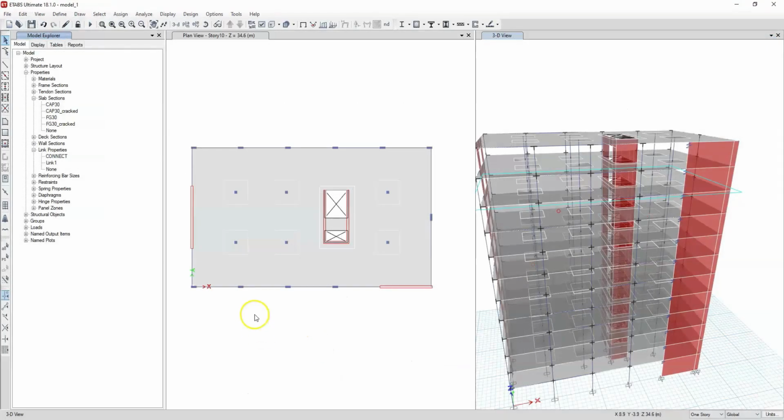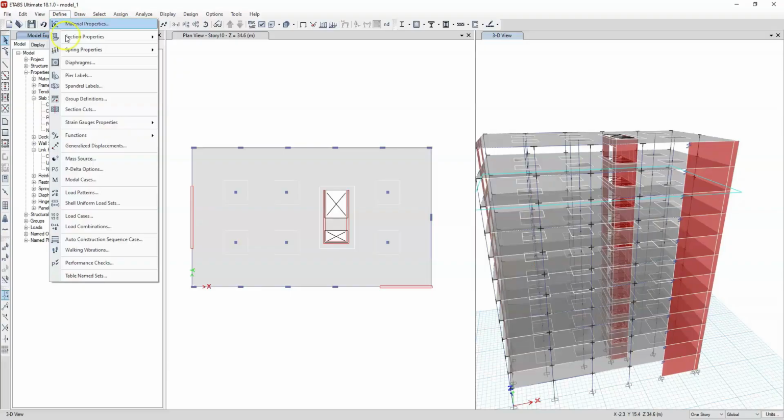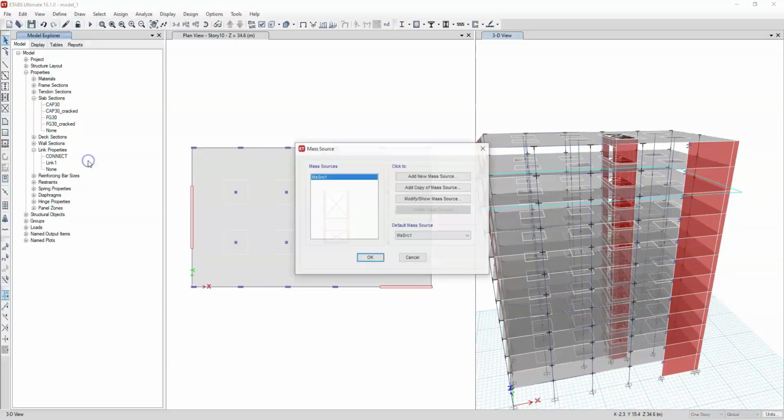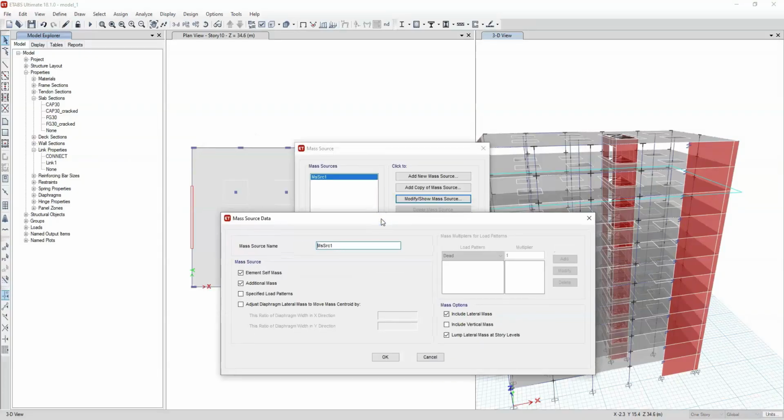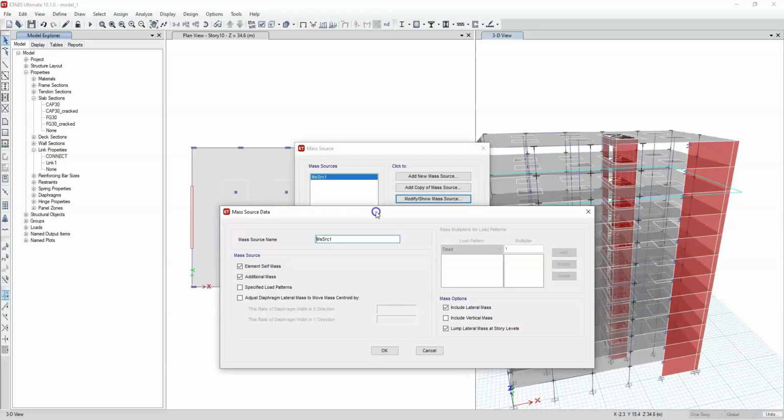How are we going to do this? We are going to use a concept in ETABS called mass sources, and we can have more than one mass source case. For example, we could have different modal analysis cases with different mass sources. Let's look at the types of options we have in the mass sources.